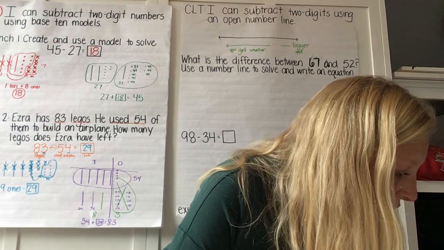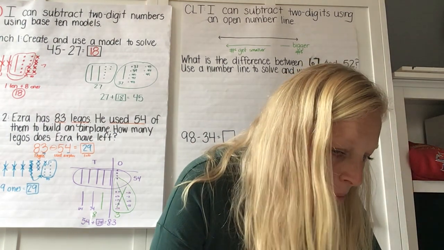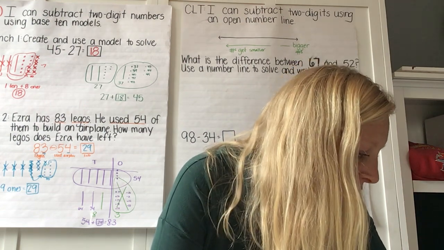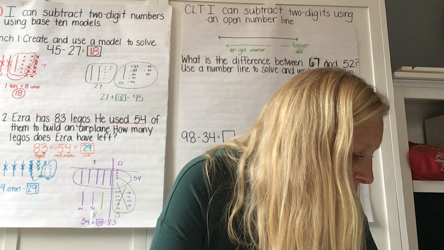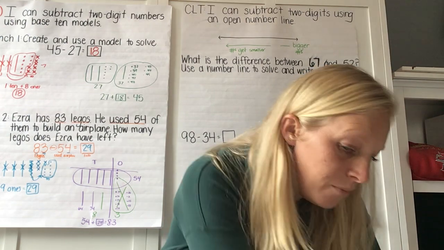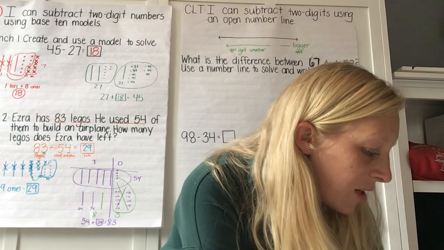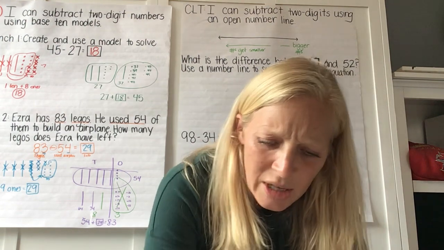Where did you start on your number line? Why did you start there? Okay, so are you going to go up to bigger numbers or backwards to smaller numbers? How far back are you going to go? Why? So then what number are you going to land on? Ooh, what number did you start at?